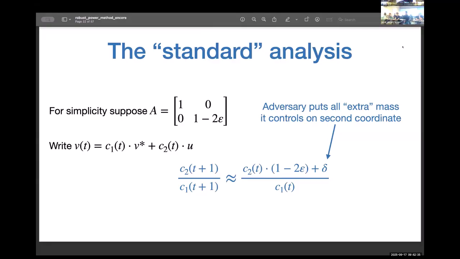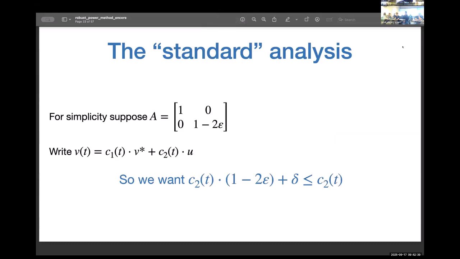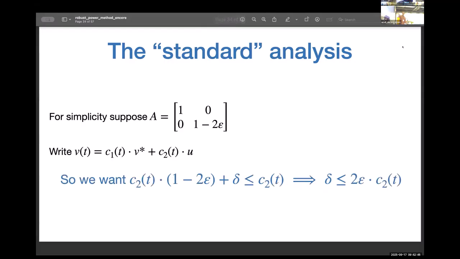The denominator is not changing, so it's a simple linear inequality: if I want the ratio to be decreasing, I get this relationship. I can subtract things, and that sets a constraint on how large delta can be. So delta has to be smaller than epsilon times C2, which is the component in the bad direction.